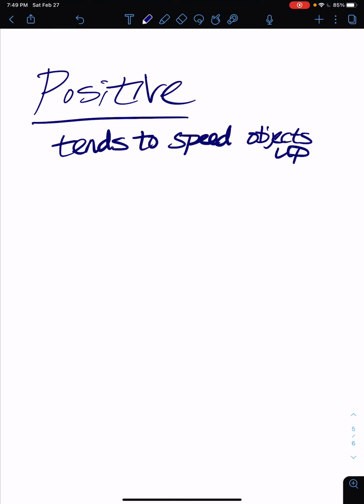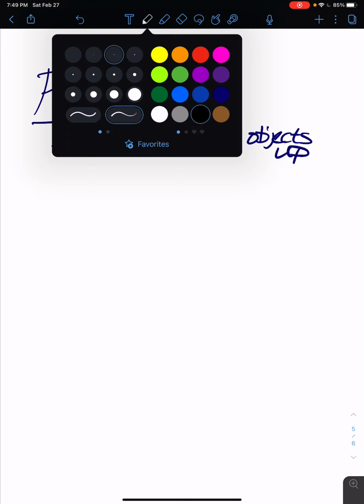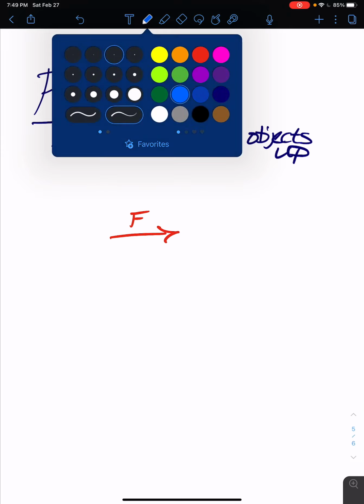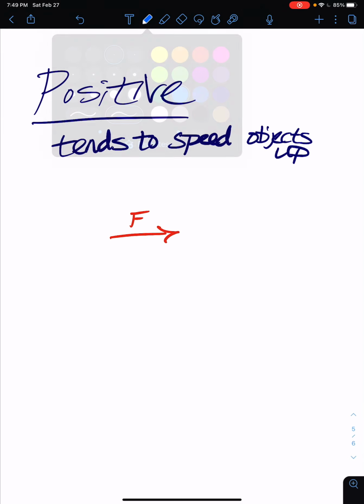An example of positive work is when you have the force and the distance parallel to one another.